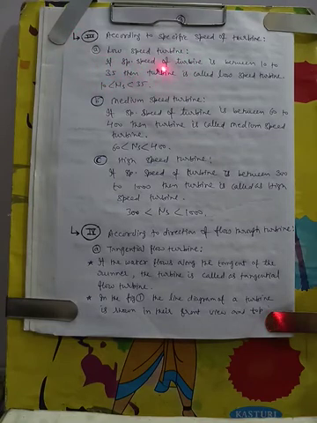If specific speed NS of turbine is between 10 to 35, then turbine is called low speed turbine. And B, medium speed turbine. If specific speed of turbine is between 60 to 400, then such a turbine is called medium speed turbine.